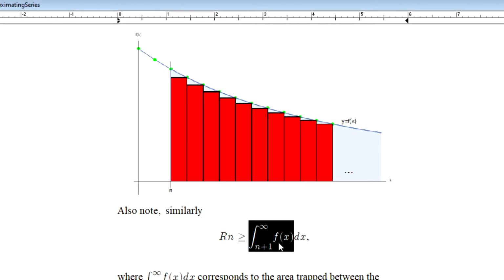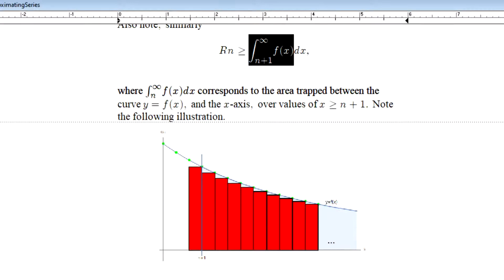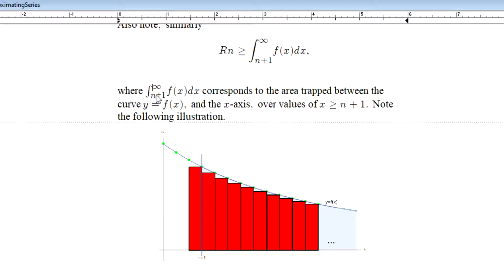Again, where the integral from n plus 1 to infinity for f of x dx corresponds to the net area trapped between the curve y equals f of x and the x-axis over values of x greater than or equal to n plus 1. Right?